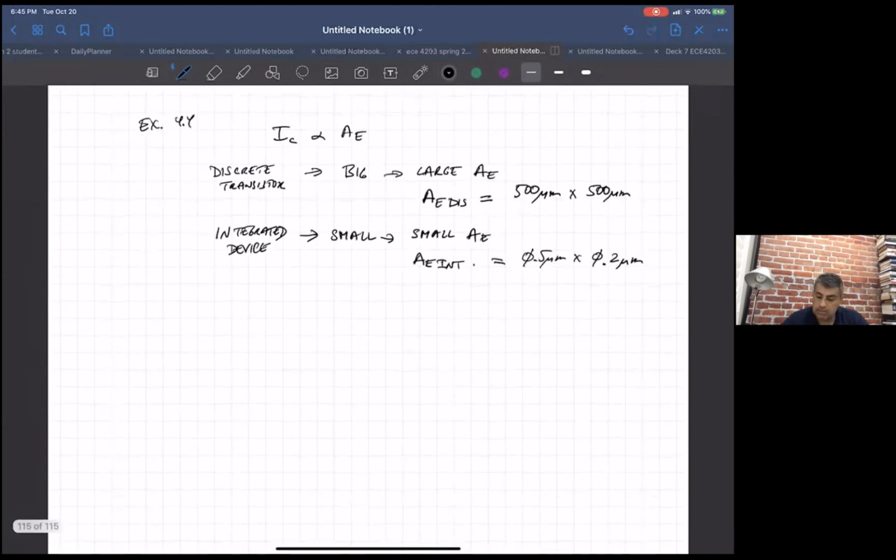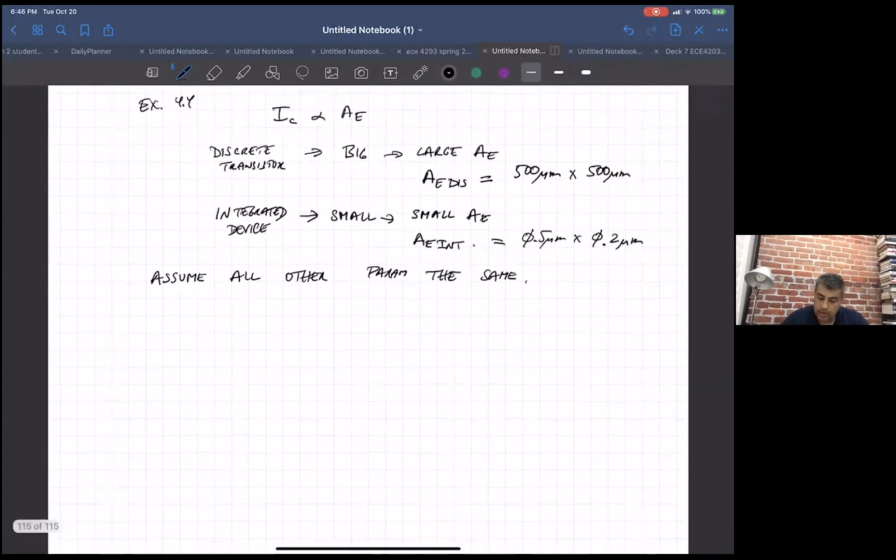So what it's saying is, the question is, assume all other parameters are the same, what's delta VBE for the same collector current?